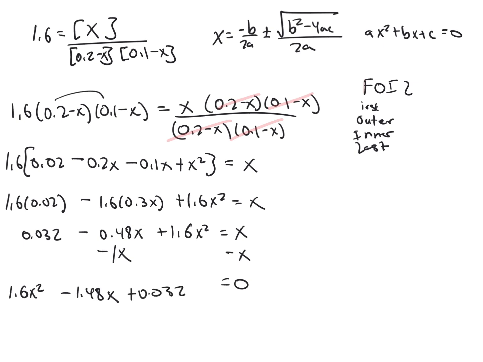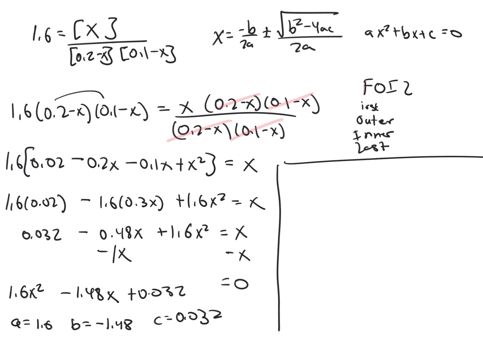I didn't have to do that, but that way it's in the normal format. That then tells me that my coefficient of A is equal to 1.6, my coefficient of B is negative 1.48, don't forget the negatives, and my coefficient of C is equal to 0.032. Just lining these up with my ax squared plus bx plus c is equal to 0 equation. Now at this point I can plug into the quadratic formula and get my two values.